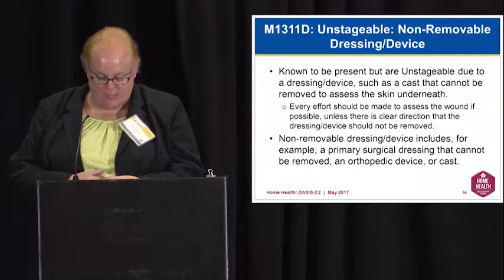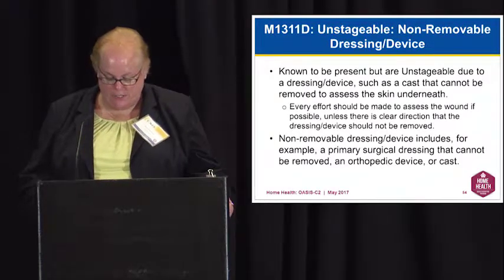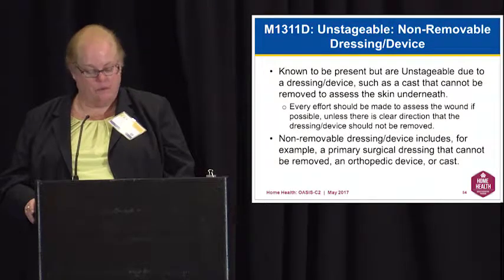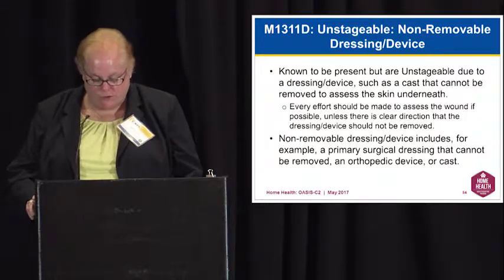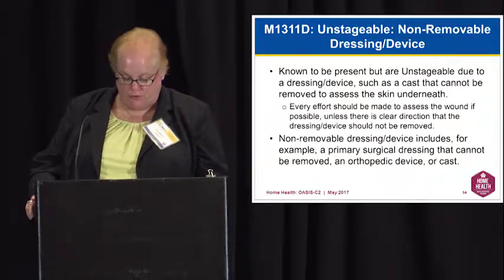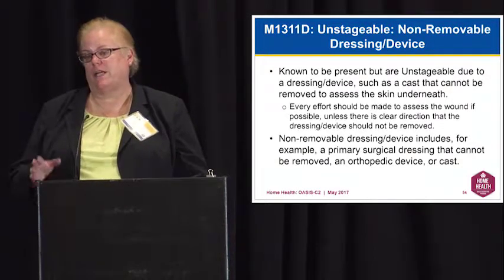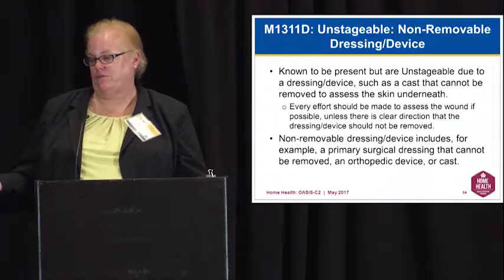Every effort should be made to assess the wound if possible. And if there's an orthopedic device in use, follow the orders. If the device can be removed, then go ahead and remove it and then replace it. And if it's clear you cannot remove the dressing or device and there's a pressure ulcer in the area, then you need to code the item as unstageable due to non-removable dressing. And then you'll stage it at the first opportunity that you can remove that dressing.